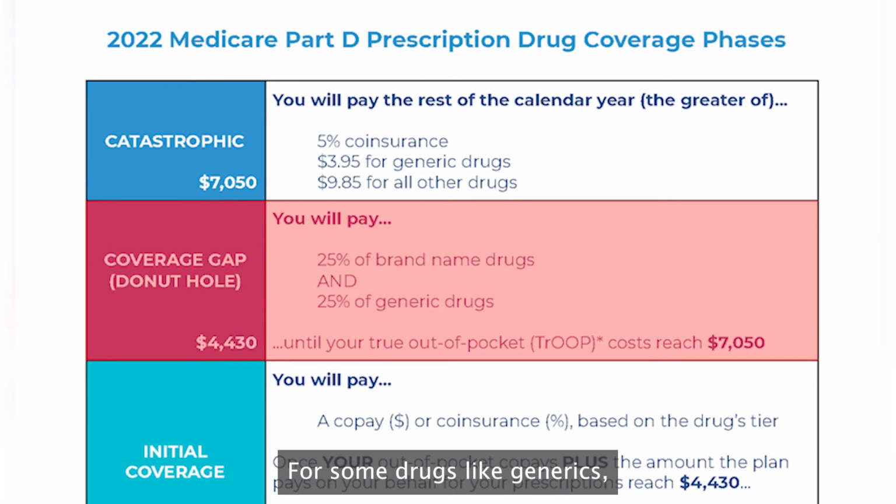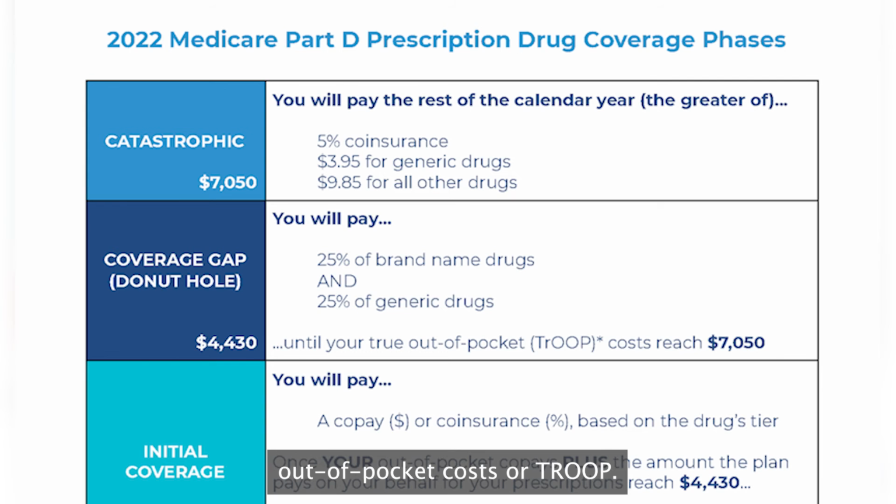For some drugs, like generics, the cost might not change much. For other drugs, like brand name and specialty drugs, the cost could go up substantially because you're now paying 25% of the full gross cost. It's like this until you reach $7,050 of true out-of-pocket costs, or TROOP.